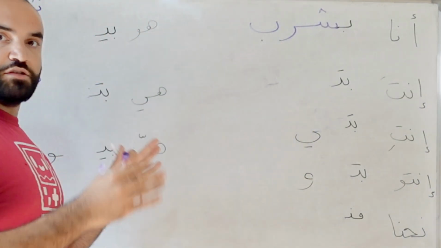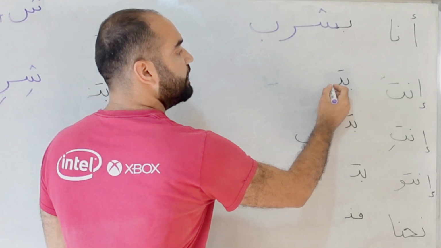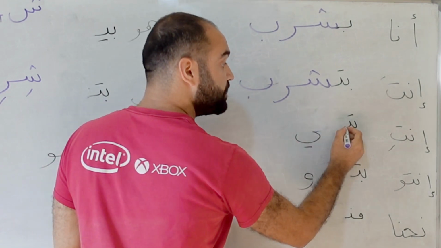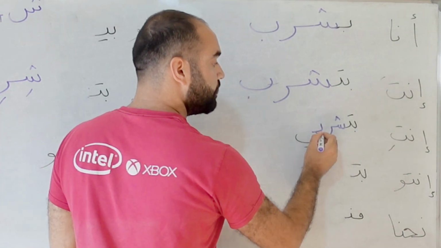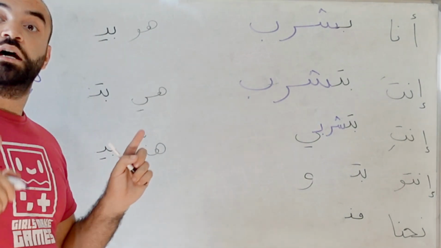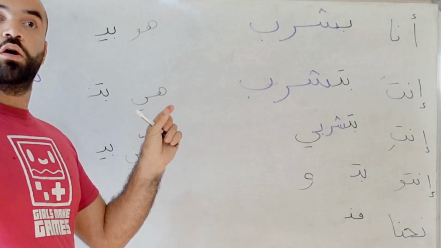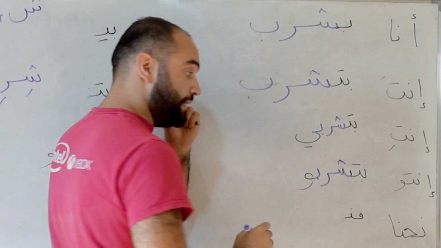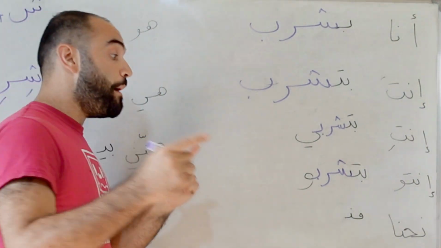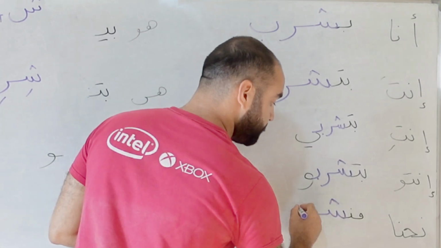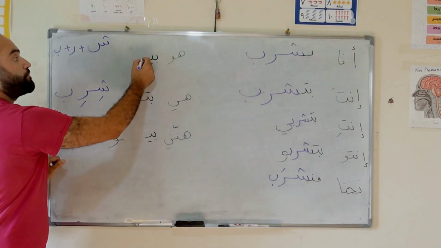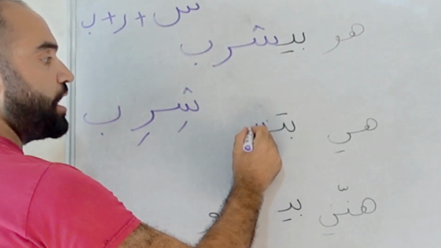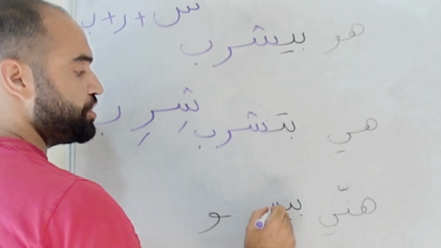Now we have the suffix and the prefix and we just add the root. أنت بتشرب. أنتي برافو بتشربي. أنتو بتشربوا. برافو. نحن بنشرب. هو بيشرب, هي بتشرب, هن بيشربوا.